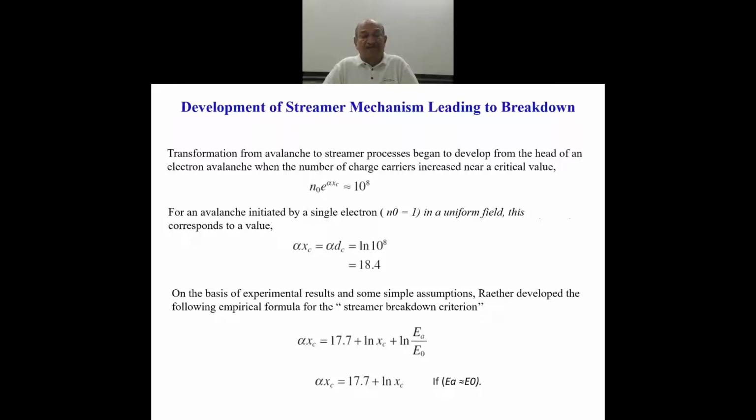The number of charged particles, ions as well as electrons, also increases. Since the charged particles segregate themselves, positive ions at the back and negative electrons in the front, they might make a cluster.